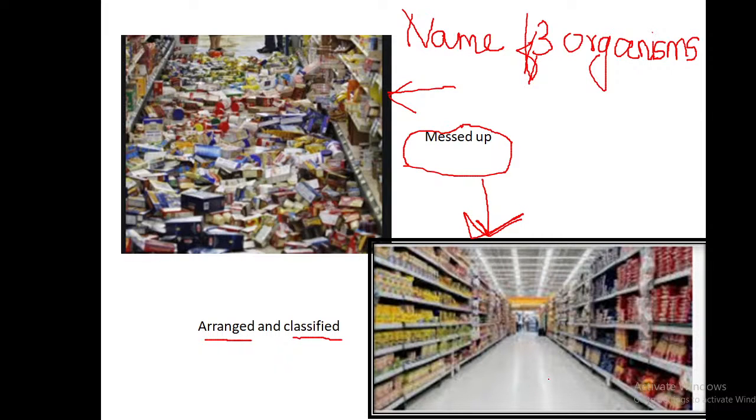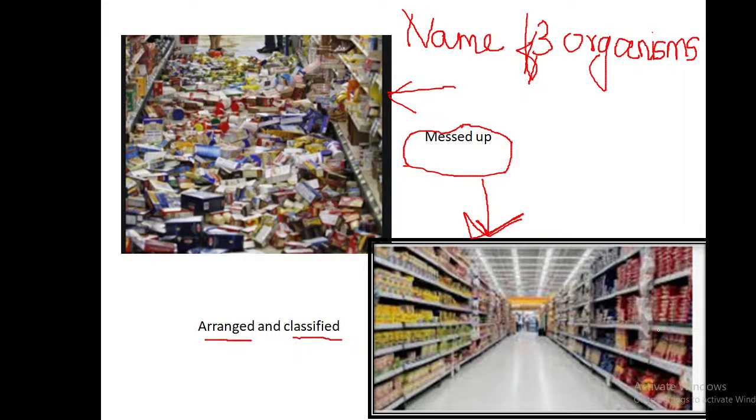If you go to a Margin Free shop or something like that, it will be like this, in an arranged condition. On one side juices will be there, on one side dried food products will be there. This is actually in an arranged manner.